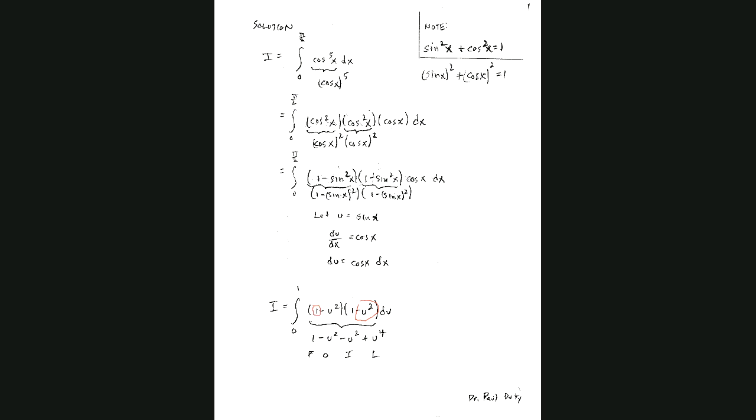The inner minus u squared comes from the inner term minus u squared times the inner term 1. And finally, the last term, u to the fourth, comes from multiplying the last two terms. Minus u squared times minus u squared is u to the fourth. That'll be in the recording, of course.